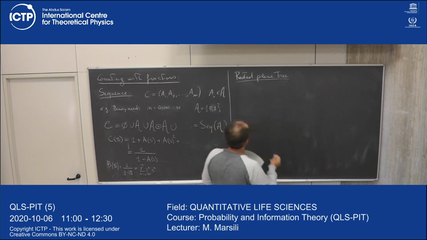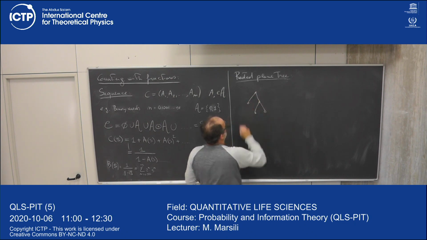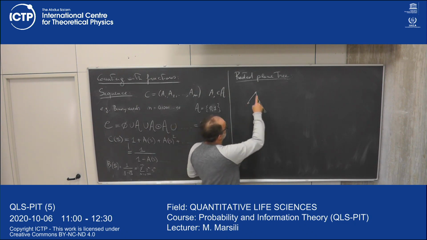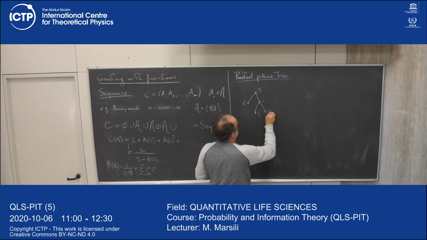For example, you can consider a tree like this one, but you can also consider this tree when the nodes are labeled, say by 1, 2, 3, 4, 5.